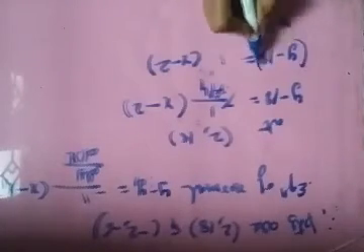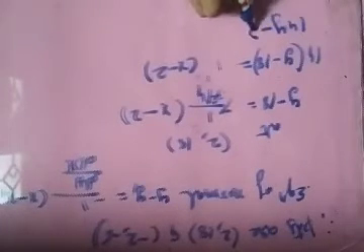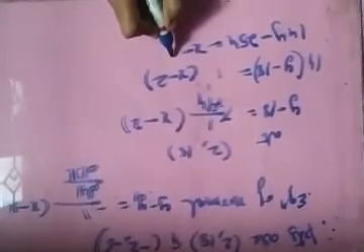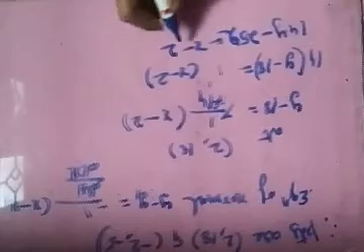So 14 can be shifted here. It becomes 14y minus 252 is equal to x minus 2.